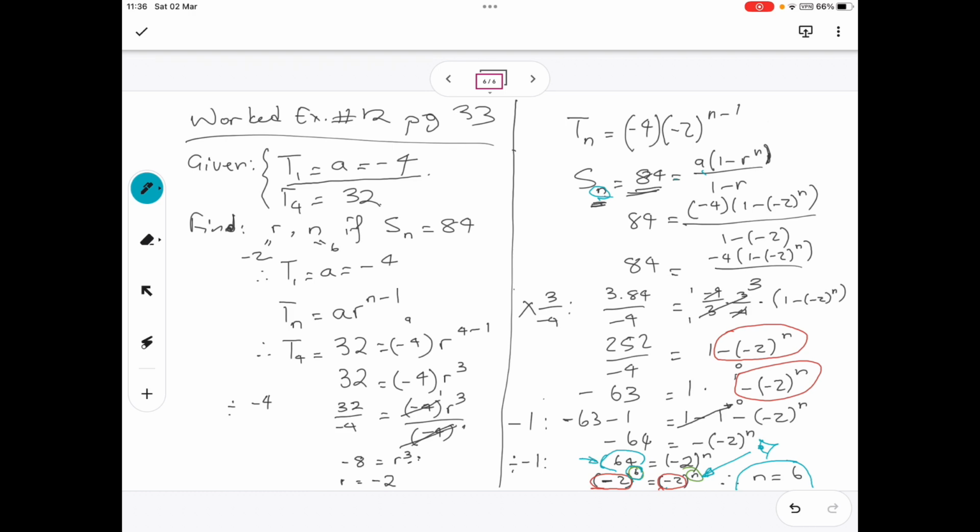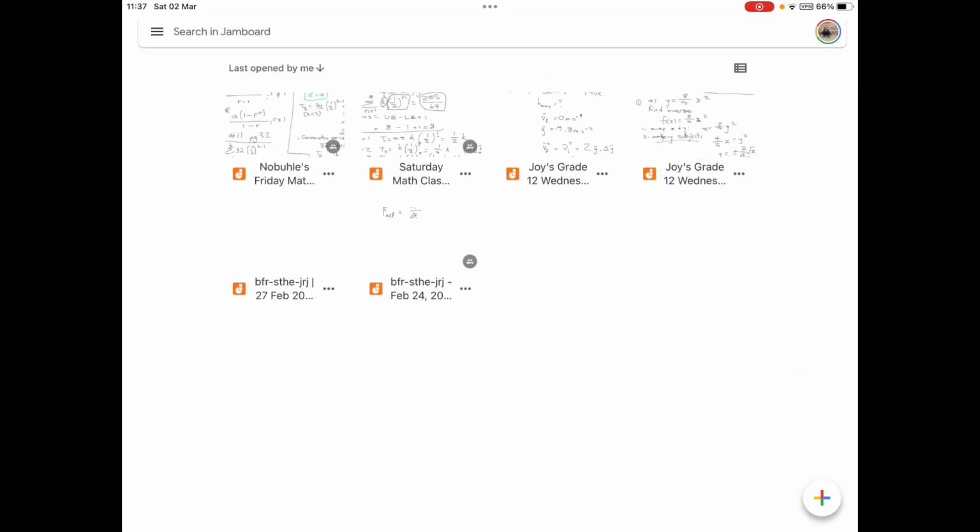So negative 2 multiplying itself 6 times will give us 64: negative 2 times negative 2 times negative 2 times negative 2 times negative 2 times negative 2. And that's how we got to factorize 64 as negative 2 to the power 6.